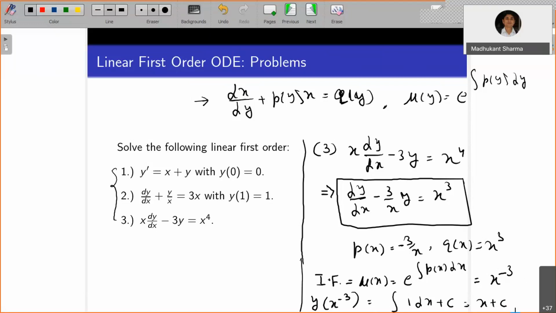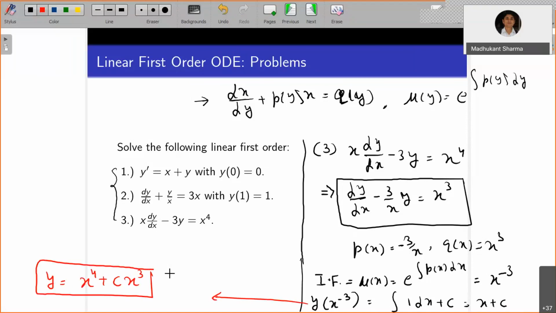This implies y is equal to, since x to the power minus 3 goes to the other side, x to the power 4 plus c times x cubed. So this is the final solution for this equation.